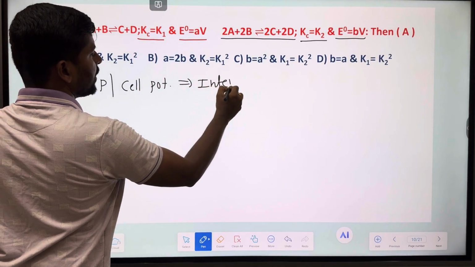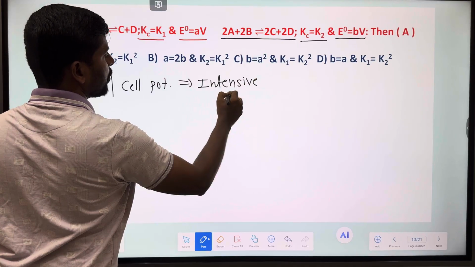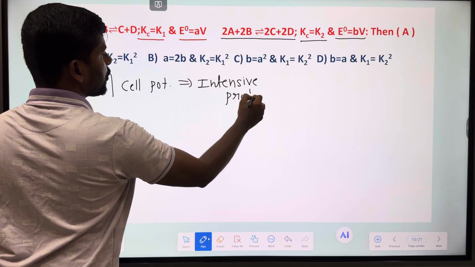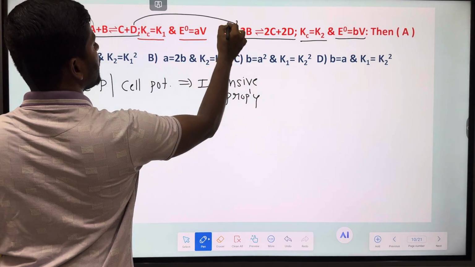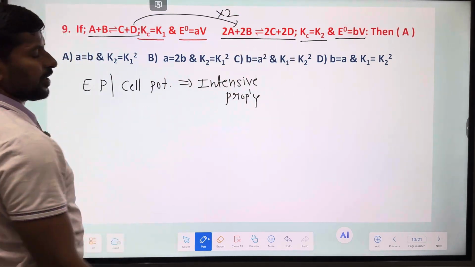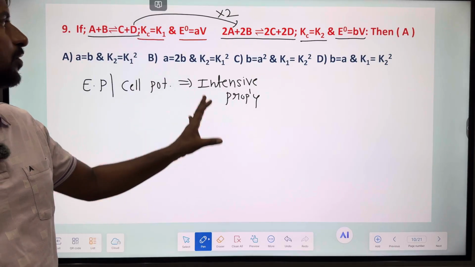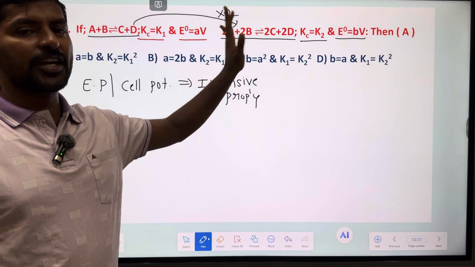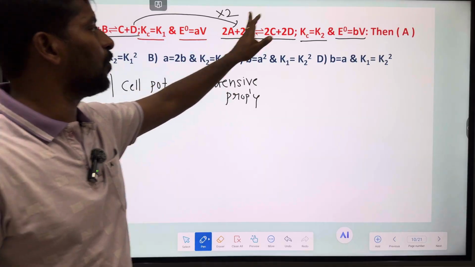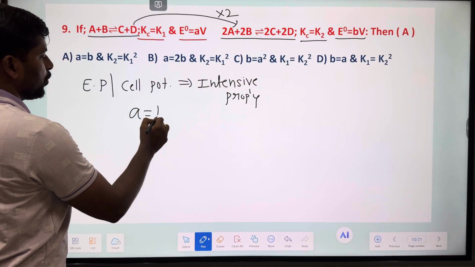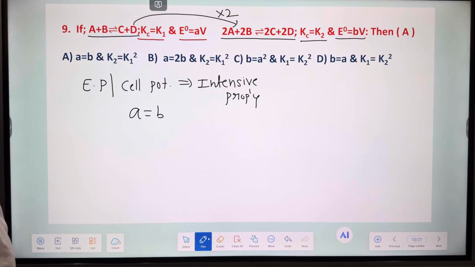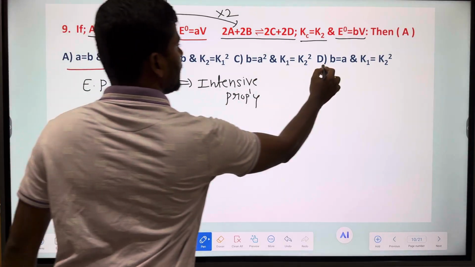Intensive property doesn't depend on amount. So you may take 1 mole or 2 moles. If you multiply this reaction with 2, you will get this reaction. Cell potential or electrode potential doesn't change, and that means A is equal to B. In both the cases we get the same potential, so A is equal to B, which is given in options A, D and E.